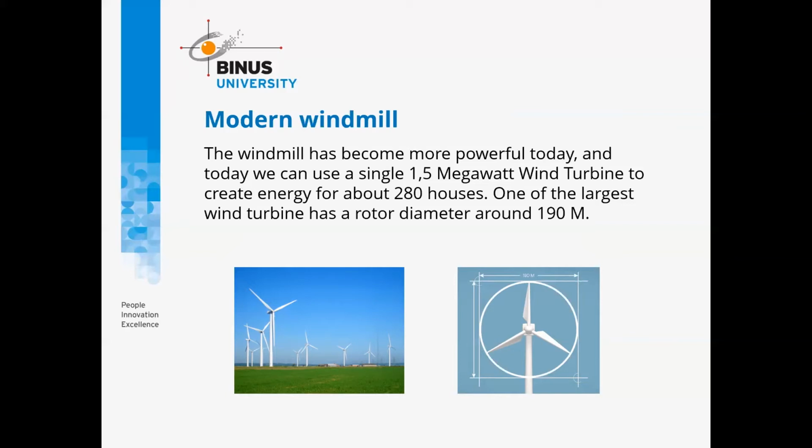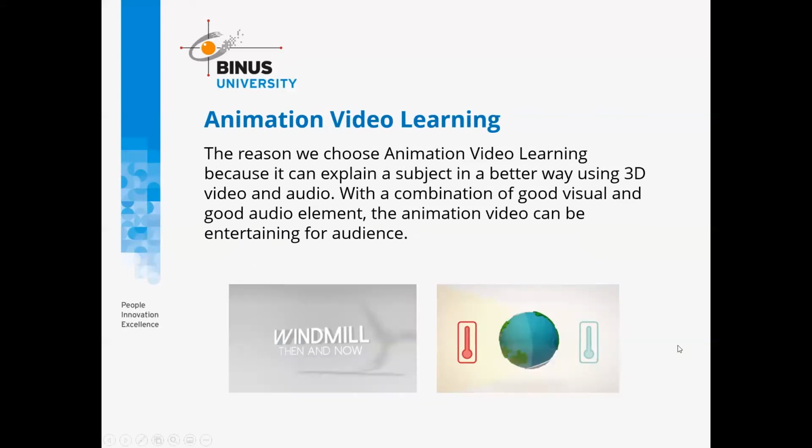And if you can imagine the size of it, one of the largest wind turbines has a rotor diameter of around 190 meters. And then the next section, we're going to talk about the animation.